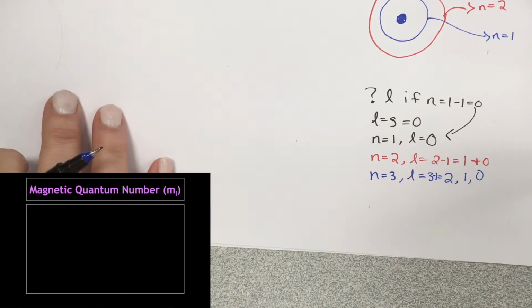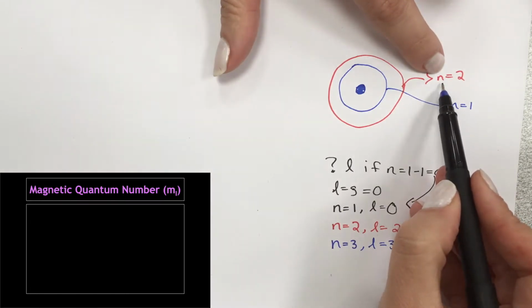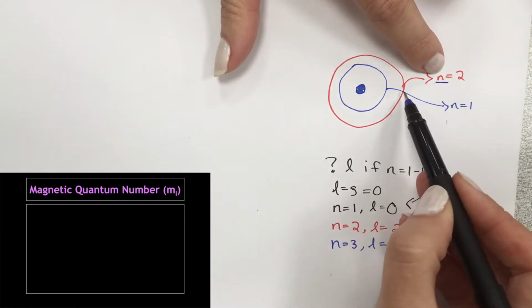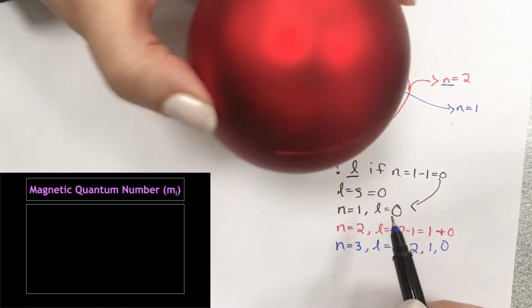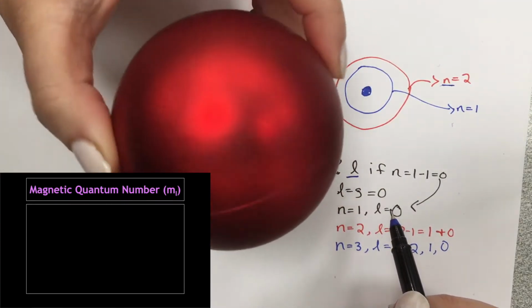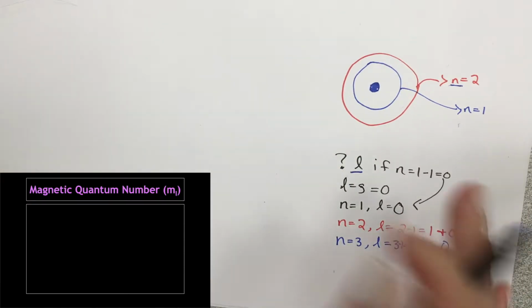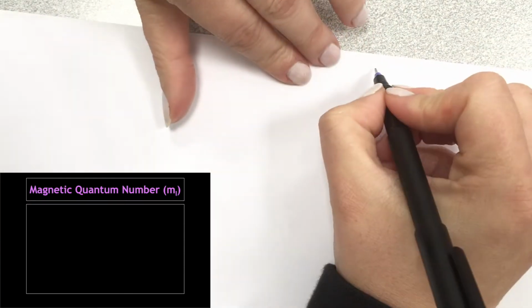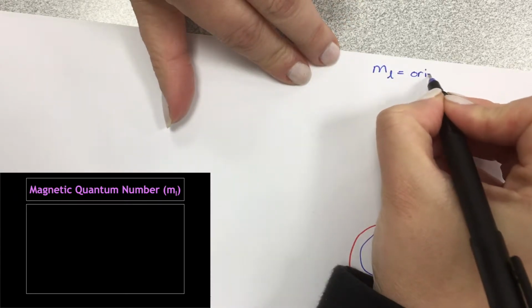All right, now the magnetic quantum number. Remember, n represents the energy levels, and L represents what the shape is in there, whether it's an S, P, D, or F sublevel. Now m sub L is orientation.